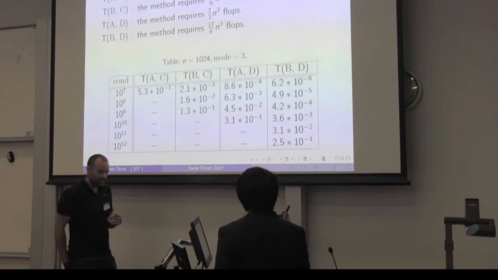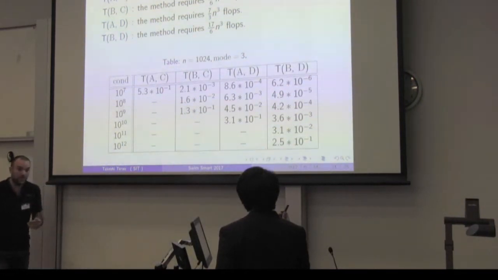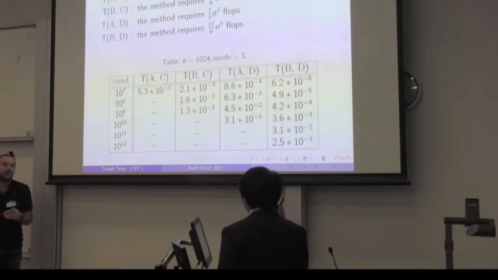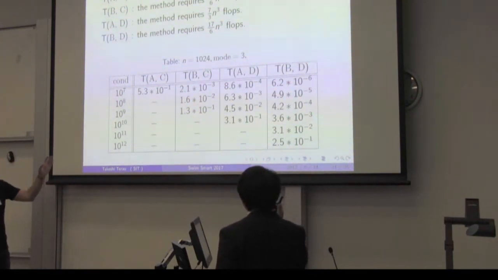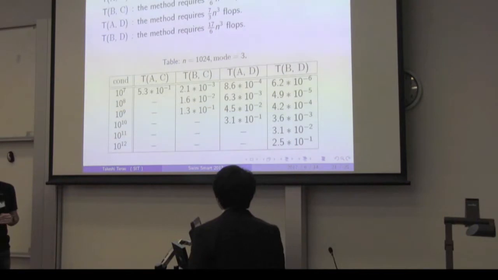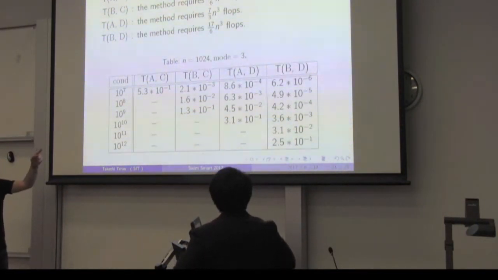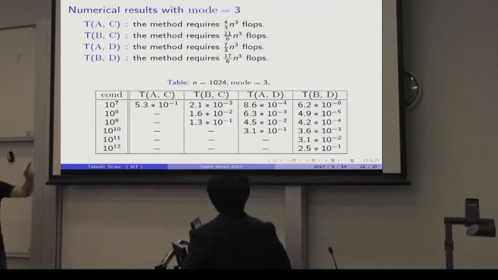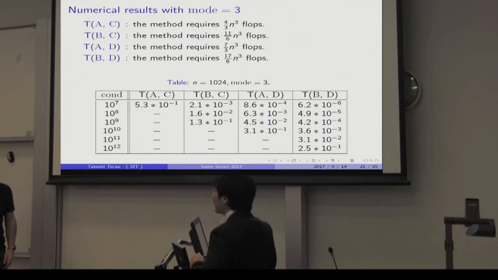Is it difficult to have a theoretical result that shows that in this case it's always better? Numerical results are nice, but I would like to have a theoretical proof that TBD is always better in mode 3. Do you think it's possible to have this kind of proof?